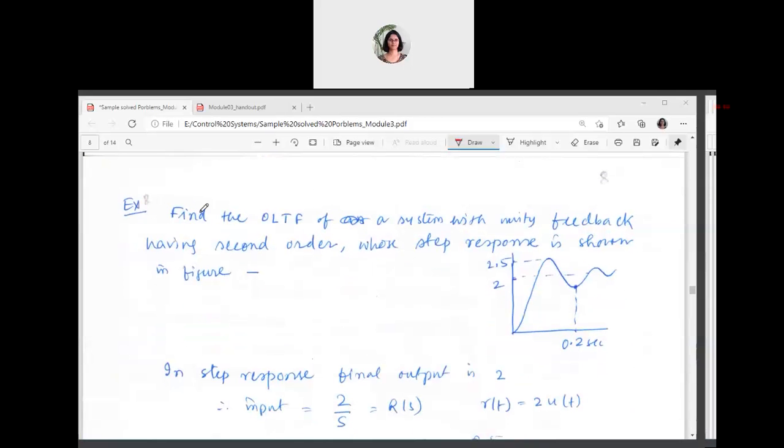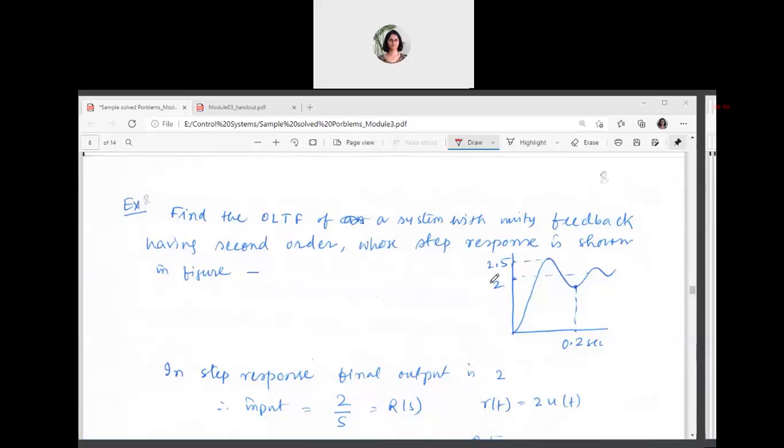If I take this one, find the open loop transfer function of a system. I do not know the open loop transfer function now. For the open loop transfer function we have to calculate, the system response is given with unity feedback, which has a second order.